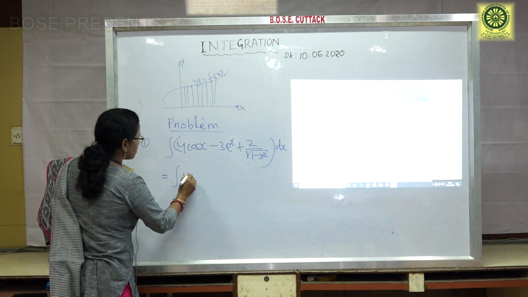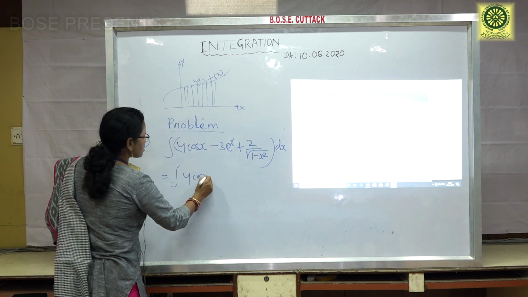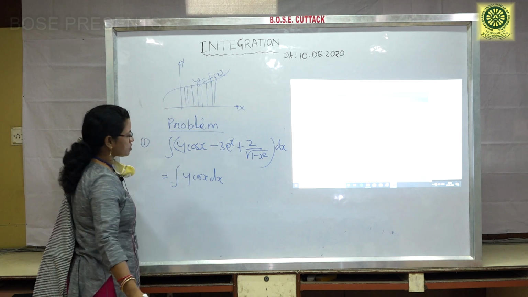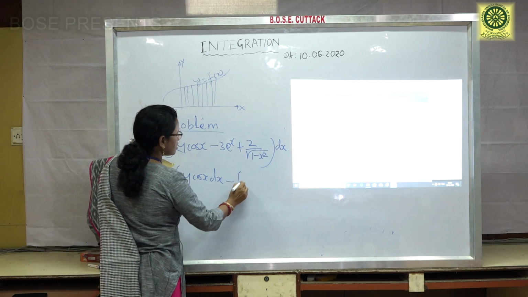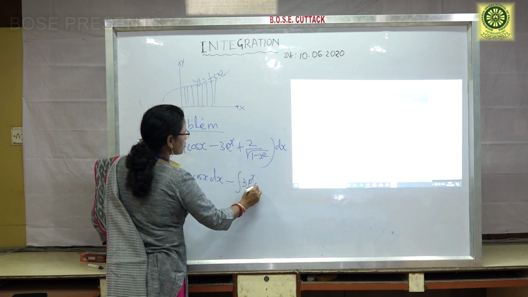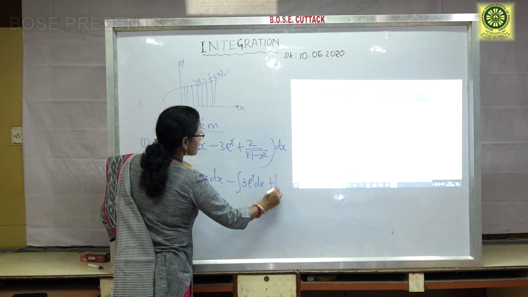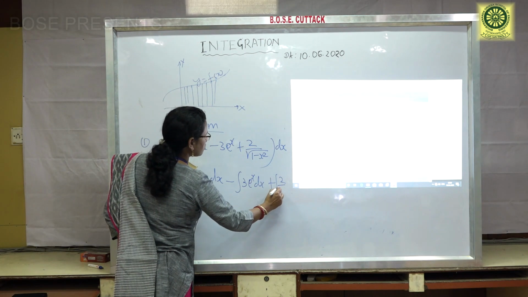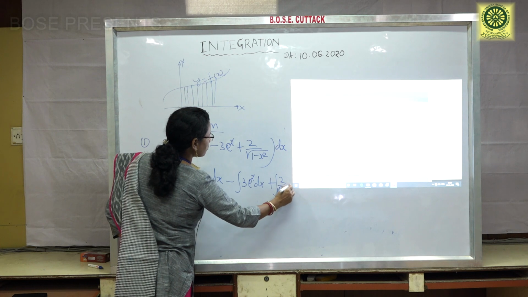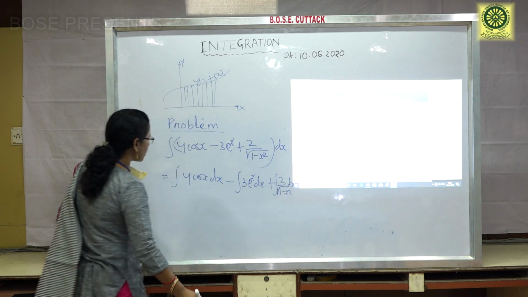That is, the integral of 4 cos x with respect to x minus the integral of 3 e to the power x with respect to x plus the integral of 2 by root over of 1 minus x square with respect to x.